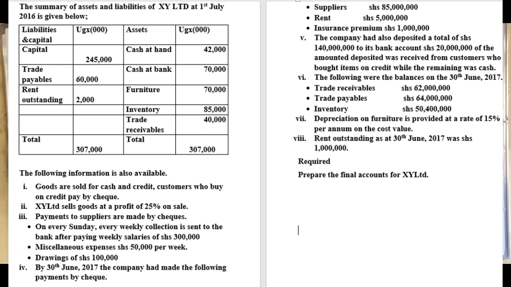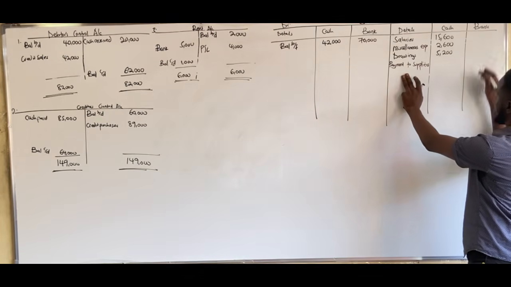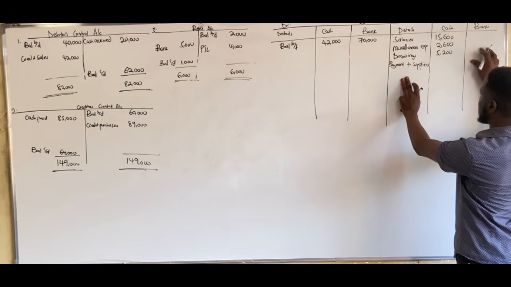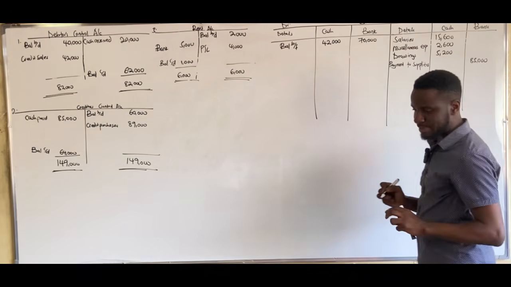Then the next transaction that we had a payment to suppliers. Remember, they told us that the suppliers, we paid them on check. And now the cash book is there to record receipts this side, and then payments this side. So we have payment to suppliers. But now they told us that this payment to suppliers, they were by check. That means our bank account is losing. So you bring your 85,000 here like this.